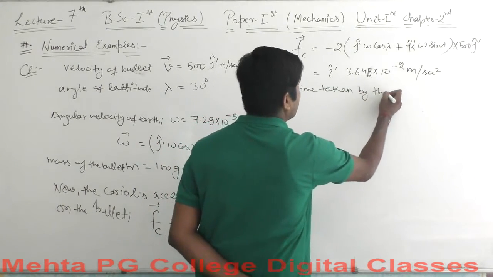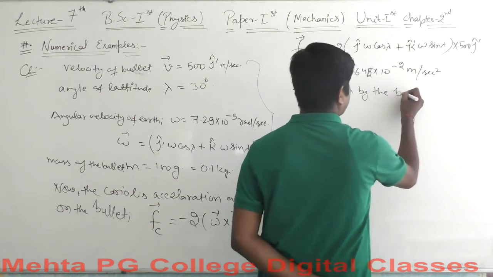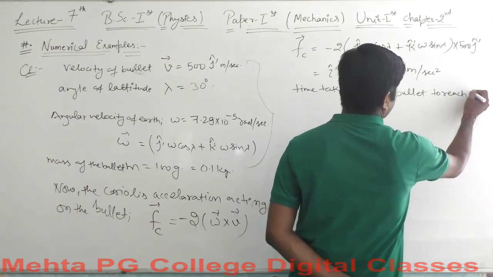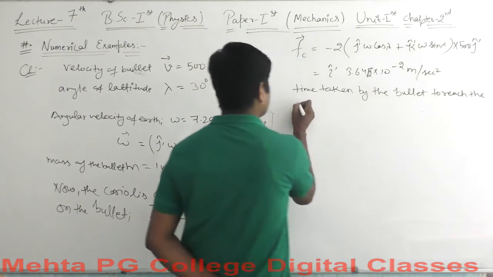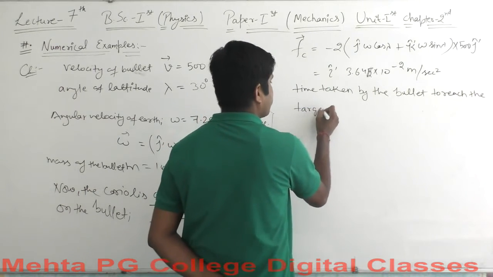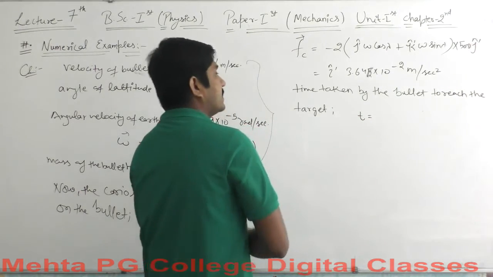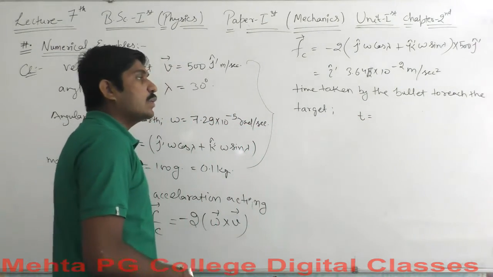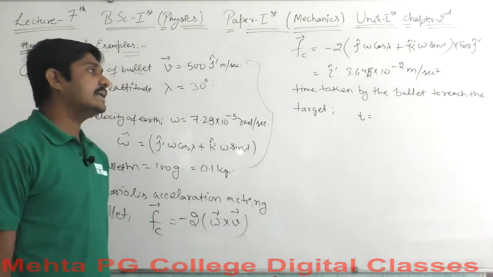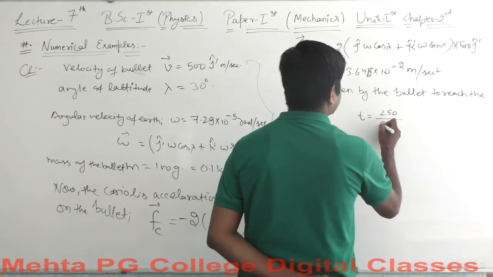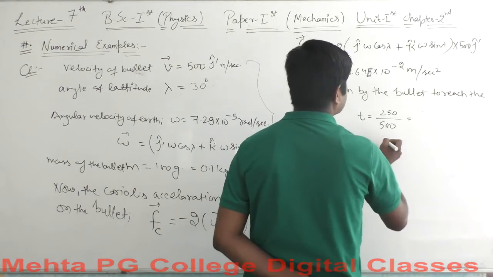Time taken by the bullet to reach the target is set as small t, and this is equal to the distance of the target, 250 meters, divided by the velocity, which is 500 meters per second.